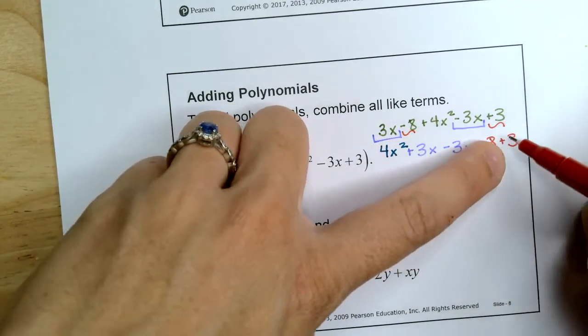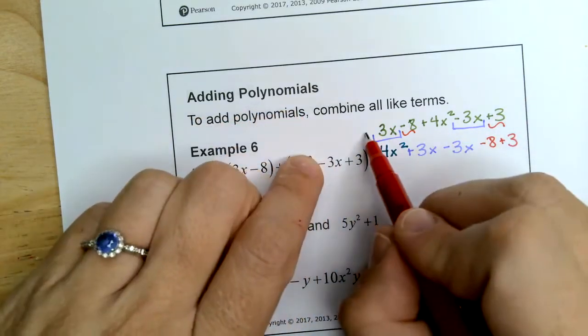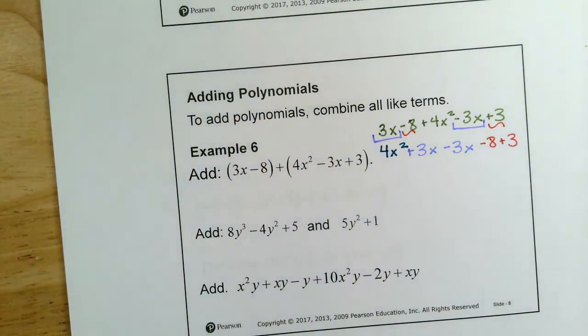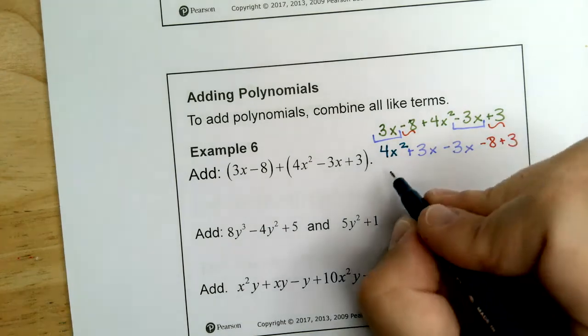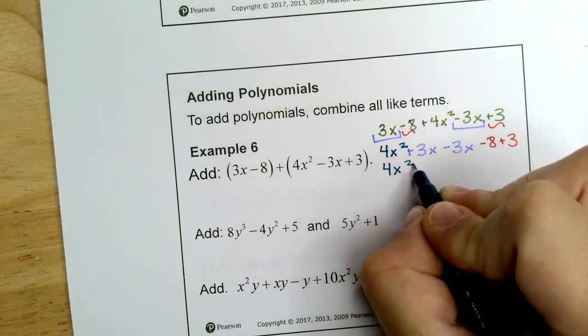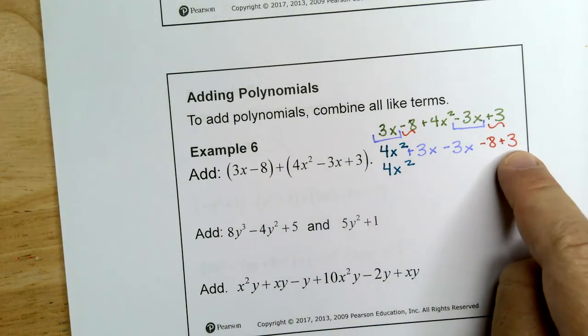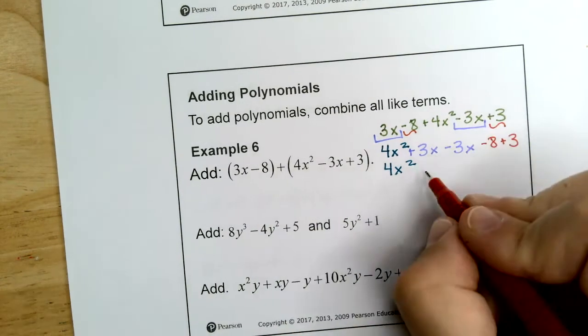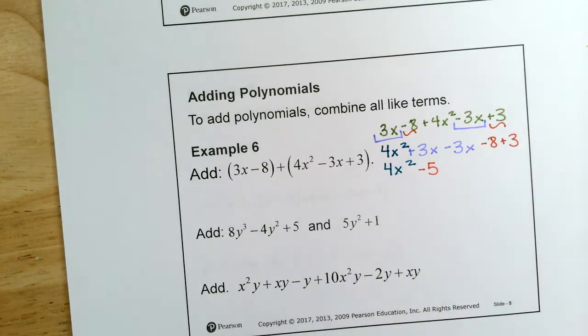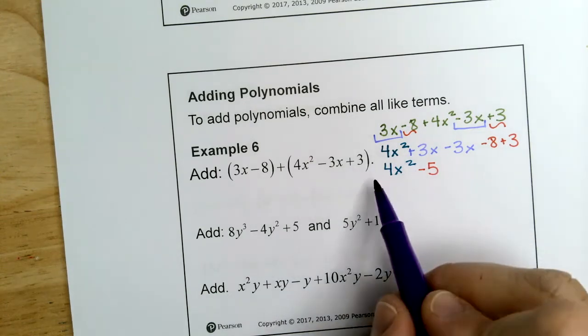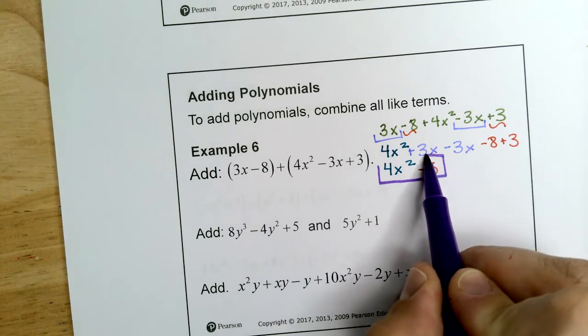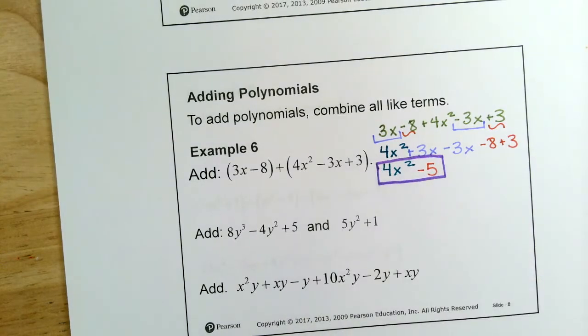Negative 8, cross that out. Positive 3, so that you know you used them all. Okay. And then we simplify this to 4x squared. Negative 8 plus 3 becomes negative 5, which is just minus 5. That is as simple as we can make it. 4x squared minus 5. We combined like terms.